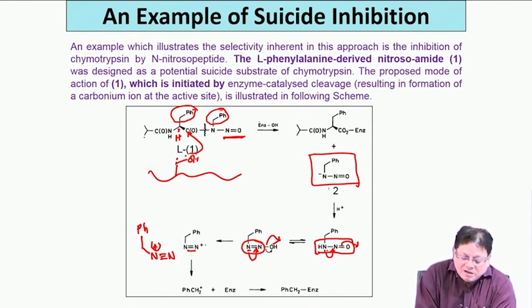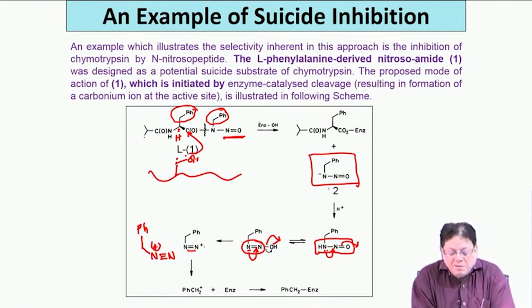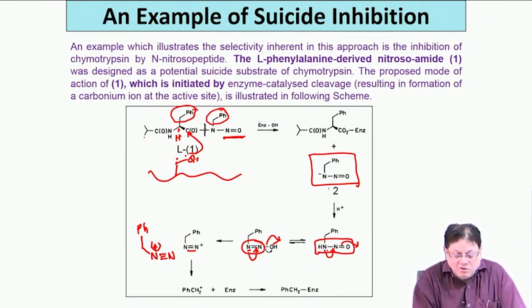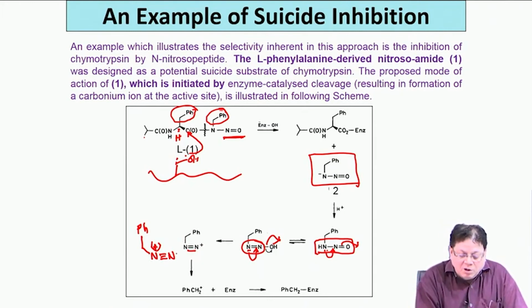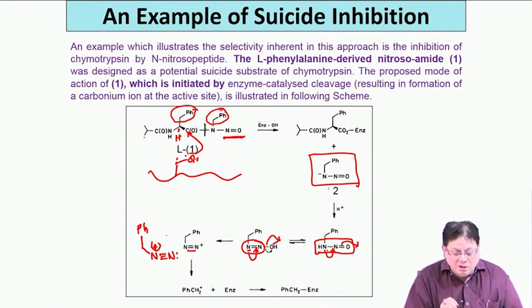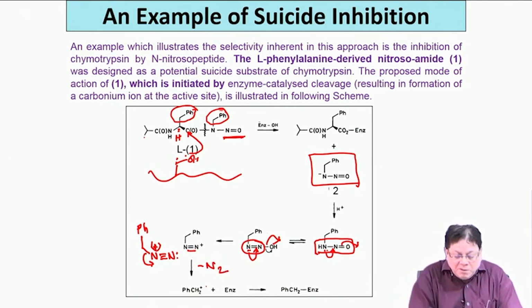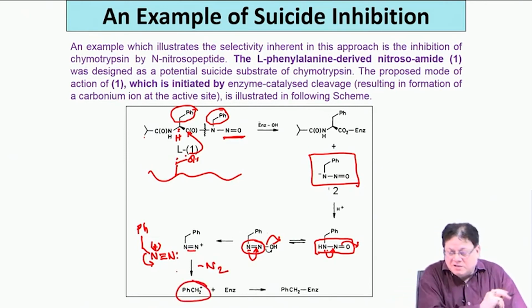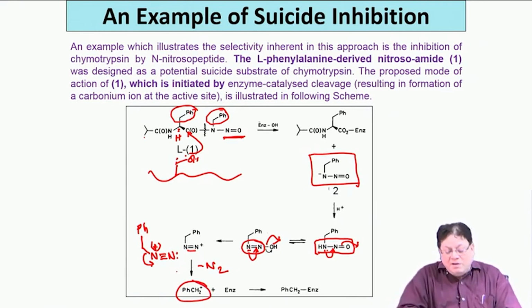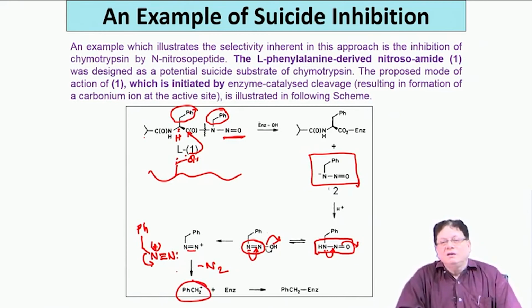This is one resonating structure, but the earlier one is not very stable, because it does not have the octet fulfilled. This is the better structure where all the atoms fulfill the octet, but this is also not stable. Now, this triple bond N can come out as nitrogen, a very stable molecule. So, in the process what you are making is PhCH2 plus, which is a very reactive electrophile.